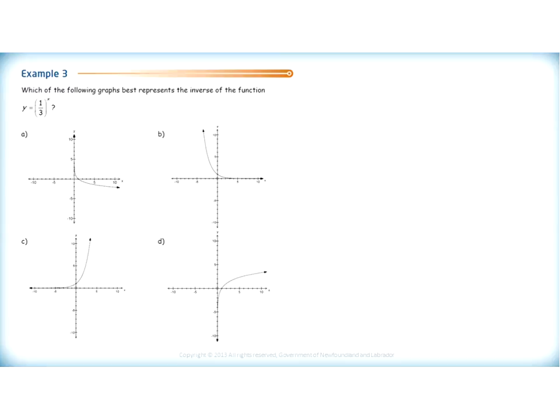In the next example, it says, which of the following graphs best represents the inverse of the function y equals 1/3 raised to the power of x? So in this case, again, we are looking at the inverse of this function. So we can again look at switching.